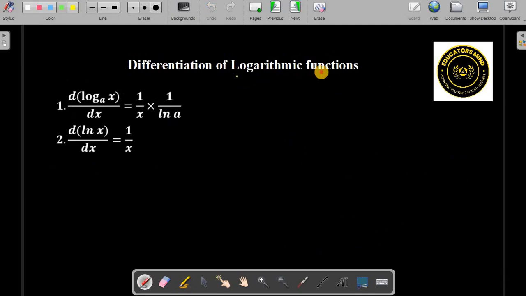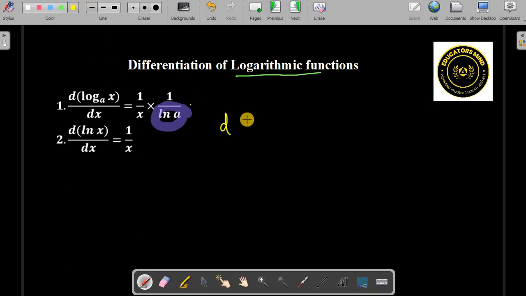Then logarithmic functions. Here only two formulas are important. Differentiation of log base a of x with respect to x is 1 by x ln a. Remember, ln a is in the denominator here. And ln x differentiation with respect to x is 1 by x. Here also modification can happen.